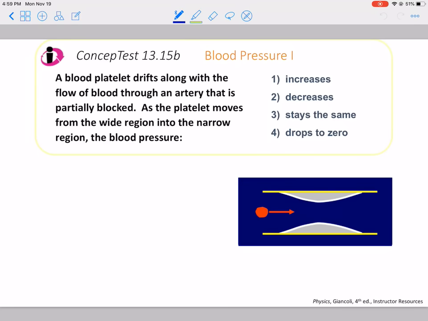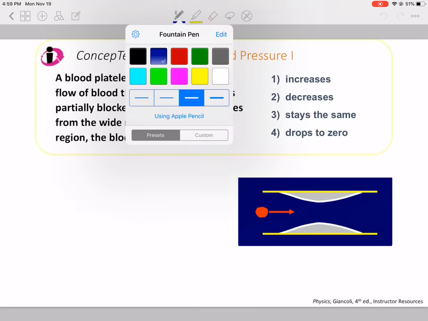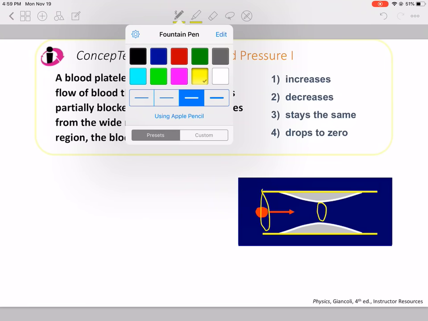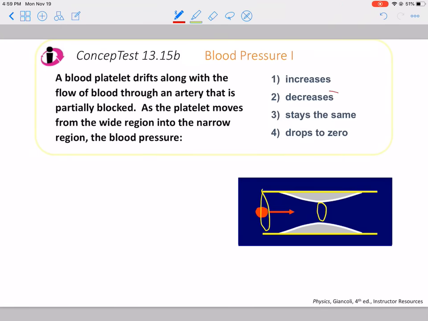In this particular case, you will notice that the cross-sectional area here is decreasing. If the cross-sectional area decreases, then the velocity has to increase. And if the velocity increases, then we know that the pressure decreases.